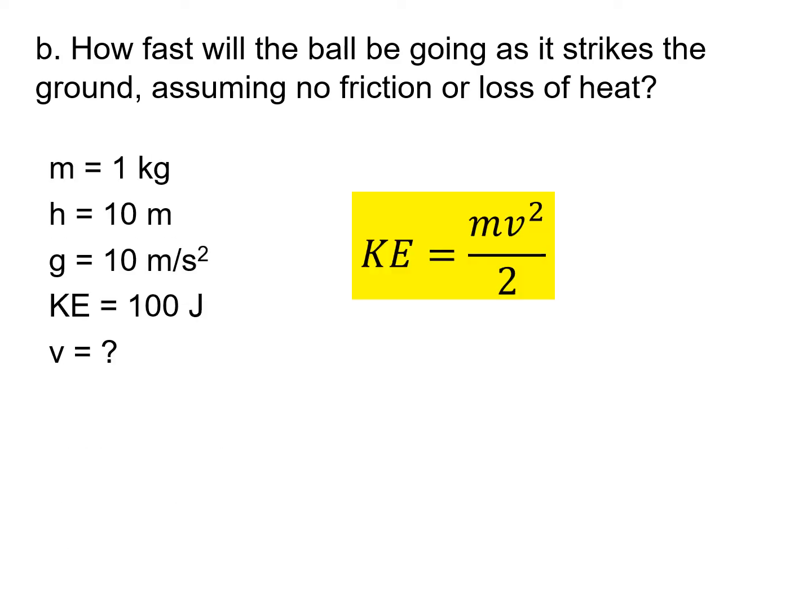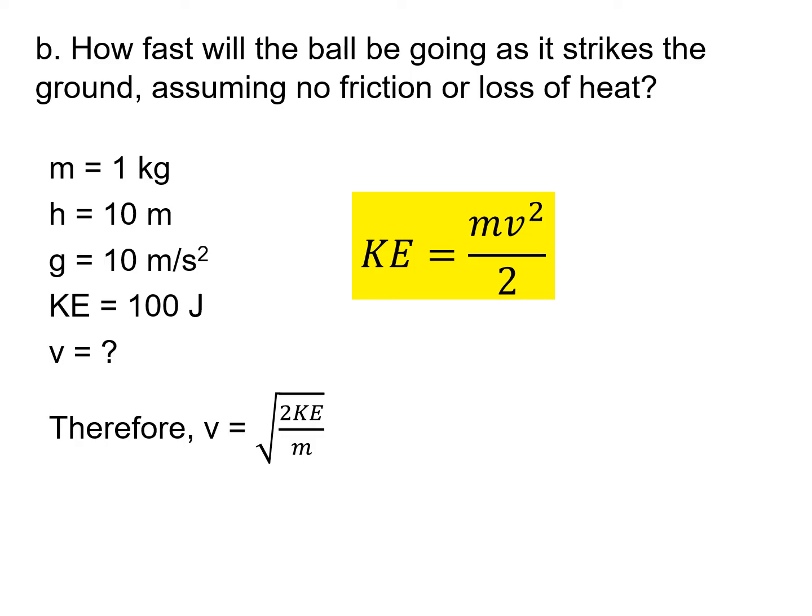If we take a look at the formula for kinetic energy, we see it's mv squared over 2. Now this is a little bit of complicated mathematics because we need v, not v squared. So what we're going to have to do is multiply both sides by 2, divide both sides by m, and then take the square root. So our formula will end up looking like this. You may want to jot that formula down because it's convenient for these types of problems. But you can always derive it mathematically.